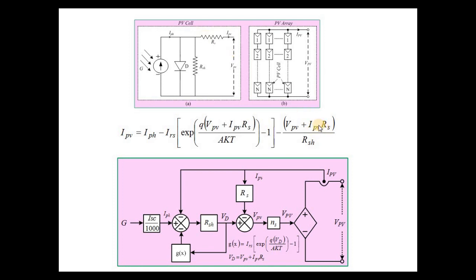So IPV RS is the drop across this resistance, and adding this to VPV gives the voltage across RSH. So the voltage across RSH is VPV plus IPV RS, divided by RSH is the current flowing through this resistance. This is a simple equation. From this figure you can get this simple equation, and by using this equation we can get the modeling of PV in MATLAB.